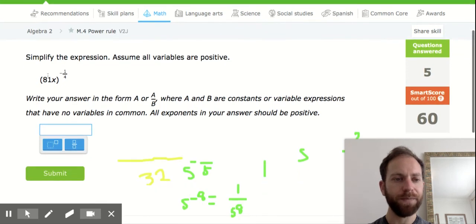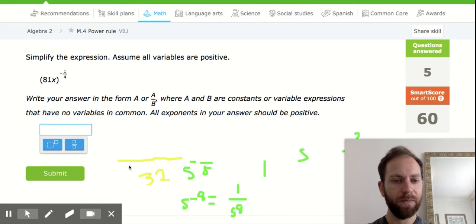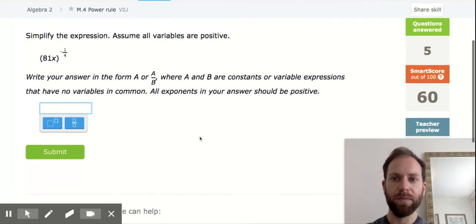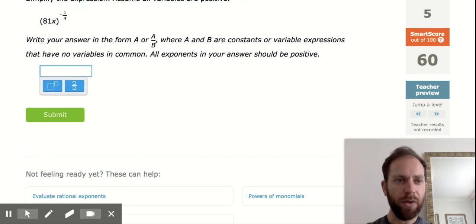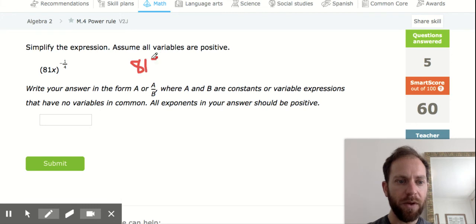All right? Here we have a negative exponent. Let's go ahead and do this one. Okay. So here we have, write your answer in the same form. All right, so we have 81 to the negative 1/4 power. And then we have x to the negative 1/4 power.